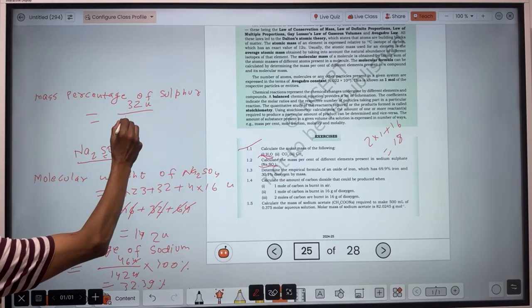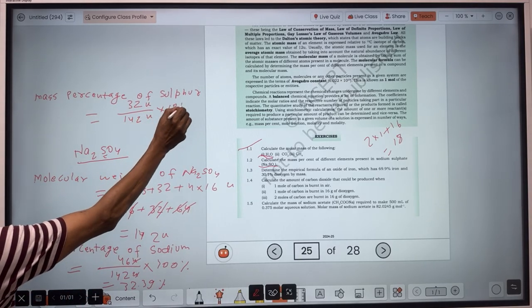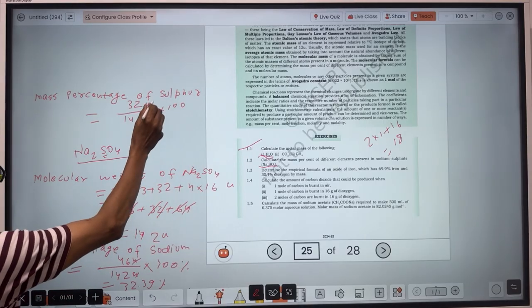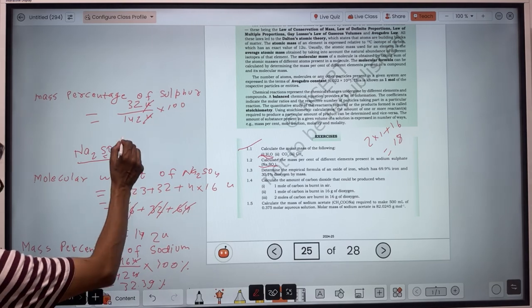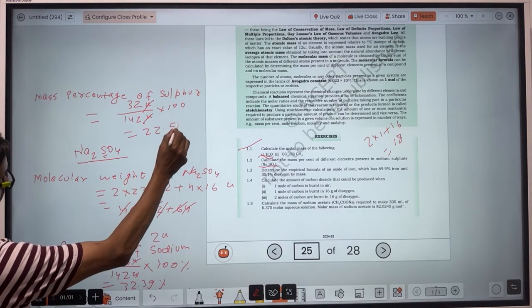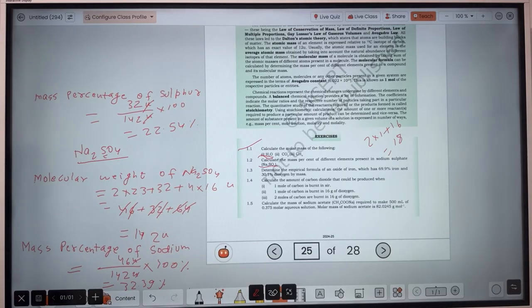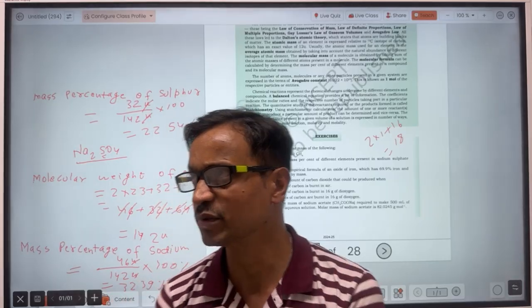So 32 U upon 142 U into 100. U cancels out. Now divide 32 by 142. So the mass percentage of sulfur will be 22.54%.